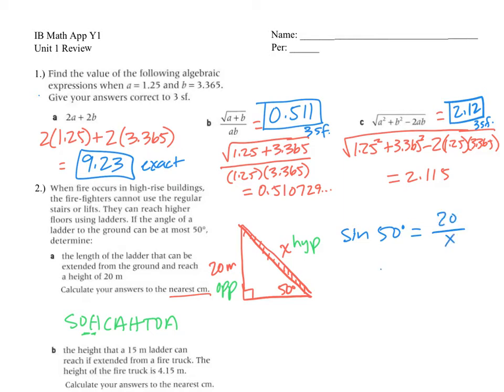Remember, when that x ends up in the denominator, you're just going to switch these two guys, make sure they switch places. So we get x is equal to 20 divided by the sine of a 50-degree angle, and then it's calculator work.